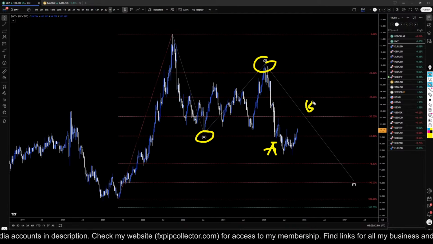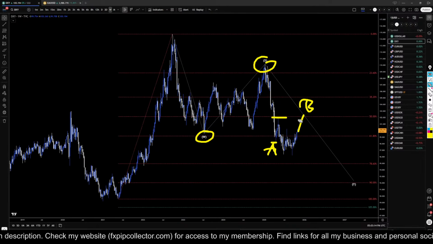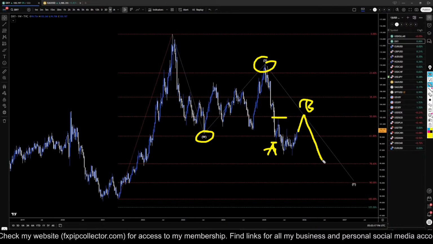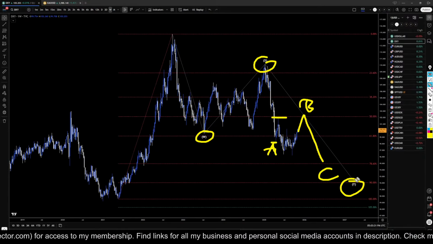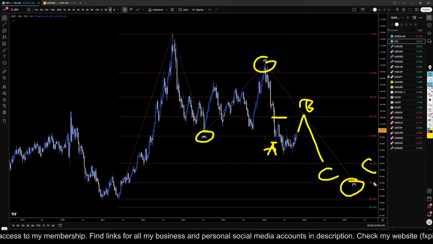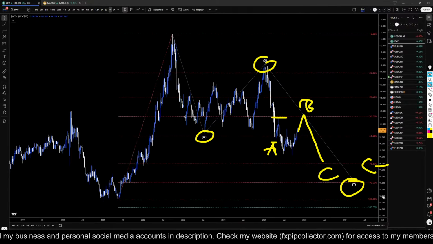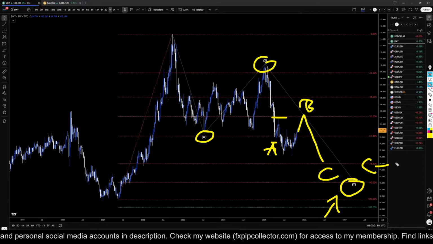I think this is currently a B, which is going to take out the high of wave A. Then I think it's going to go down for wave C to complete three waves of Y, probably pushing us down to at least a 78% Fibonacci retracement. Someplace around the $95 area is my target for this ABC of wave Y that I think we're currently in.